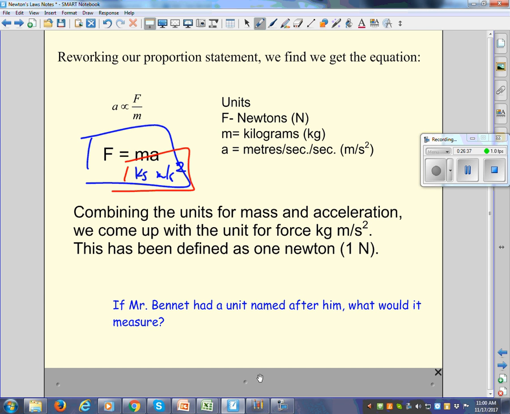Six Bennetts. What would that mean? 6 Bennetts of what? You guys are very disappointing. 6 Bennetts. I don't know how amusing that would be. That's just Christmas at my house.